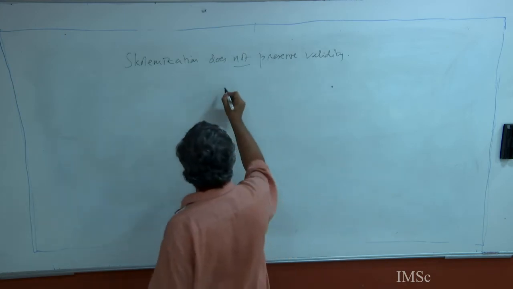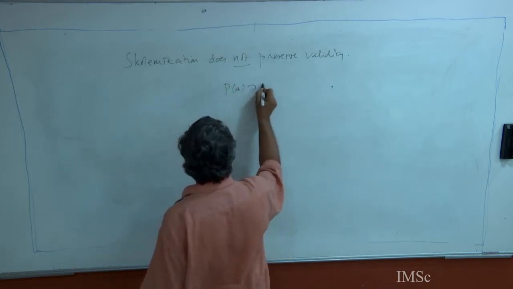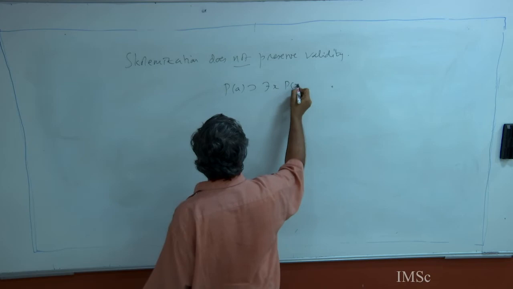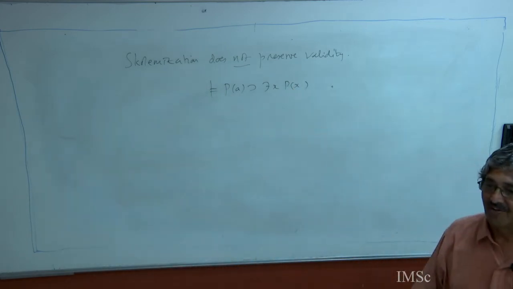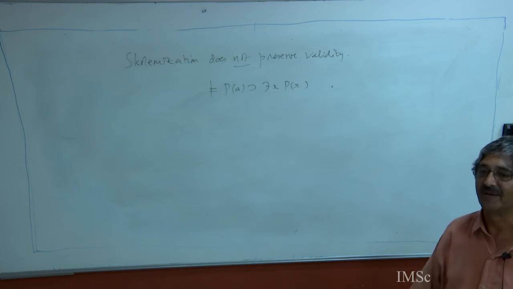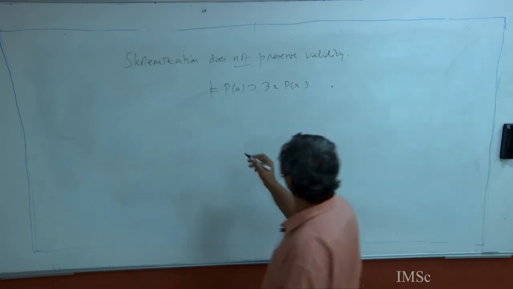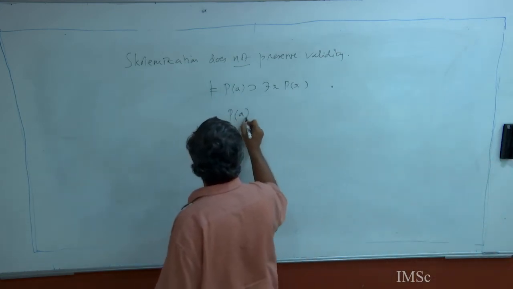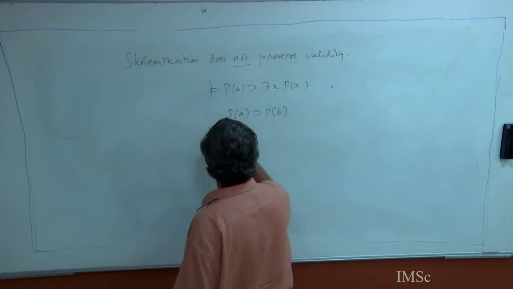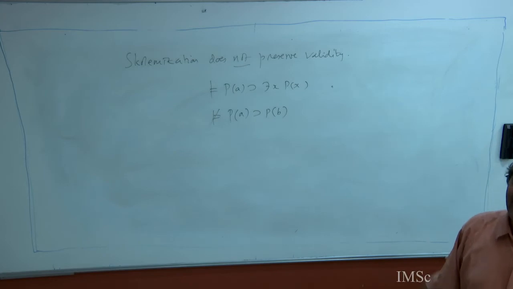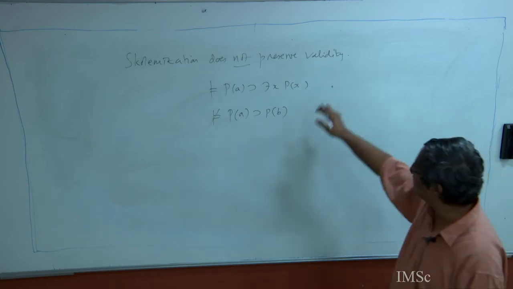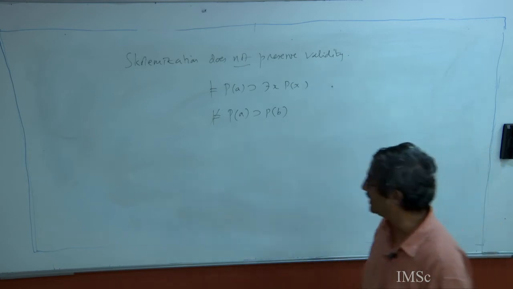And the example, this is the standard one. This is of course valid, right? If P of A holds, of course there exists X P of X holds. But the moment you Skolemize, you get, let's say, P of A implies P of B. This is not a valid formula. Obvious, right? It's very easy to build a model where P of A is true, but P of B is false, right? So Skolemization does not preserve validity.